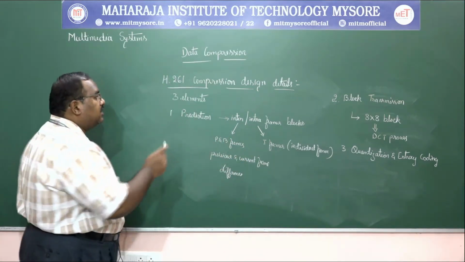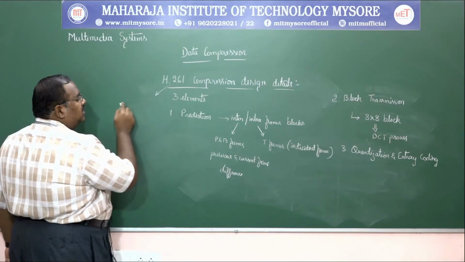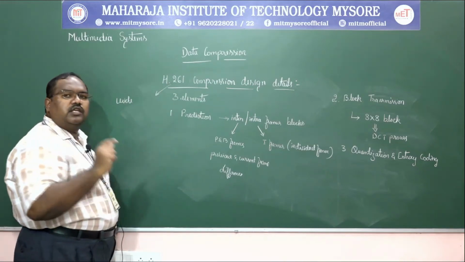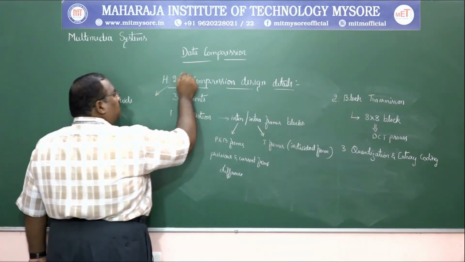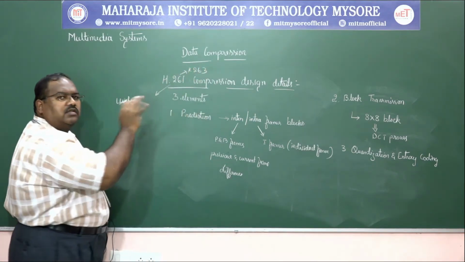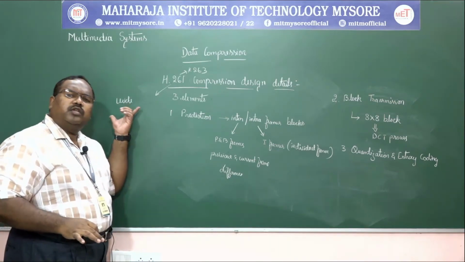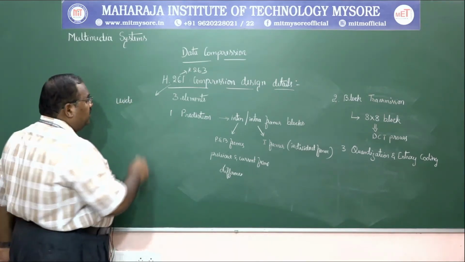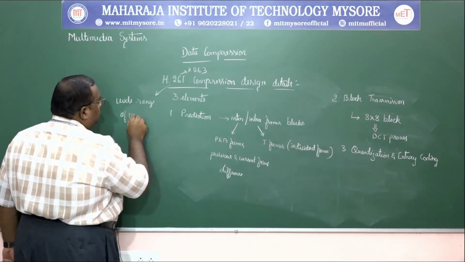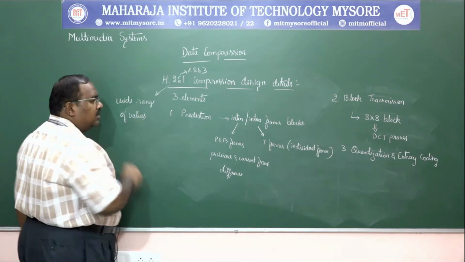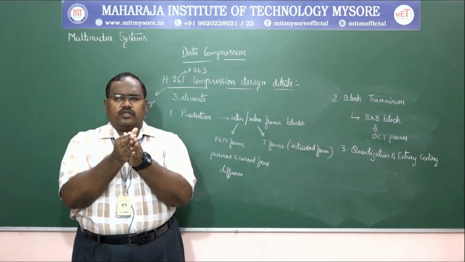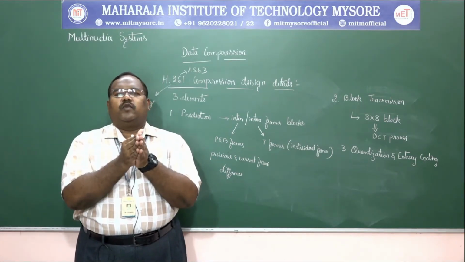This is the key, because we have a wide range of values. I am talking not only about H.261, but also H.263, as both are almost similar.